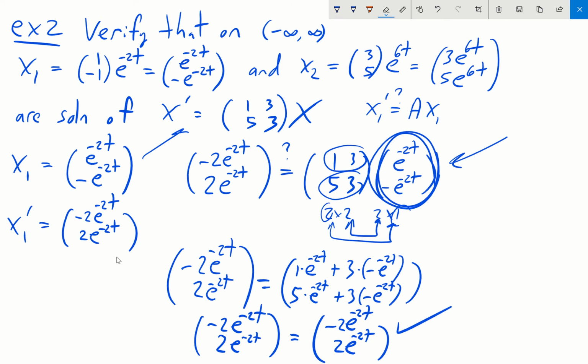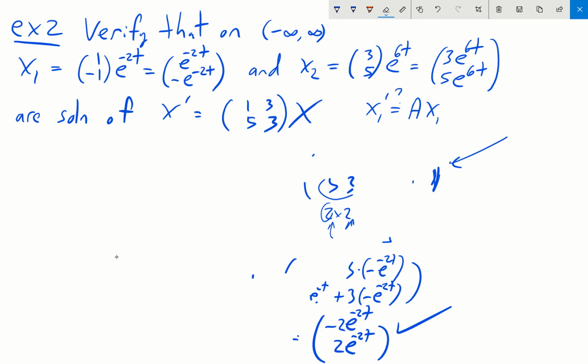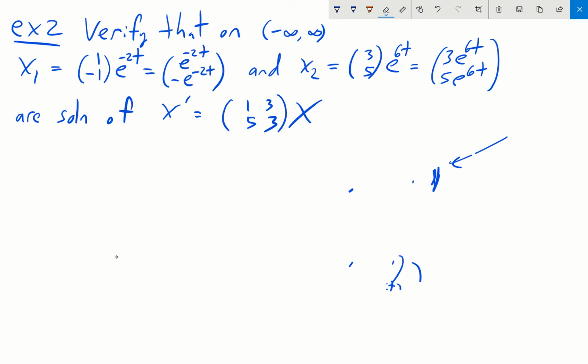Let's now go ahead and do the same thing. Let's try to check to see whether or not x2 is also a solution to this system. So to see whether or not that's going to be true, we need to check and see, is it true that x2 prime is going to be equal to A times x2?